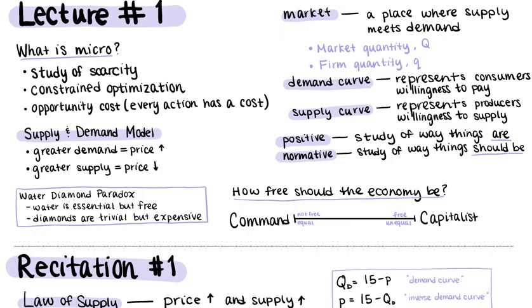That's more about positive analysis. On the other hand, normative analysis is the study of the way things should be. It's more about welfare economics, whether society and government should trade off equality and efficiency. So those are two different types of analysis.